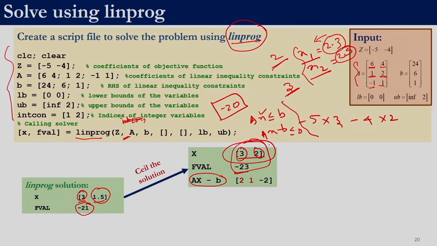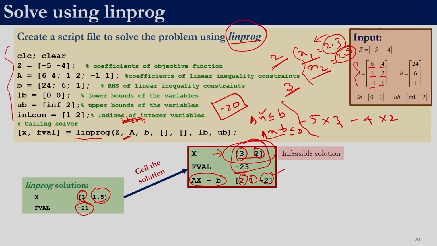This condition has to be satisfied, but if you plug in this x with this A matrix and find Ax minus b, you will get 2, 1 and minus 2. All three values are supposed to be less than or equal to 0, but only the last value is less than or equal to 0. The first two values are positive numbers. So that means this solution 3 and 2, which has a better objective function, is actually an infeasible solution.